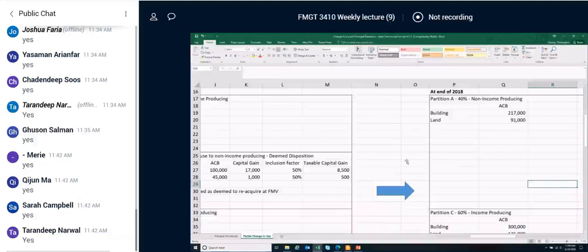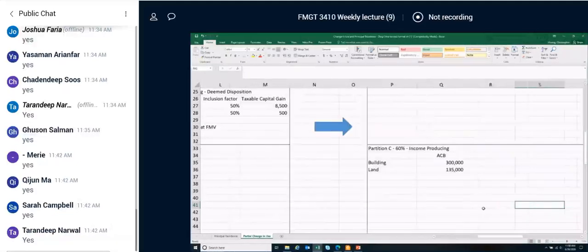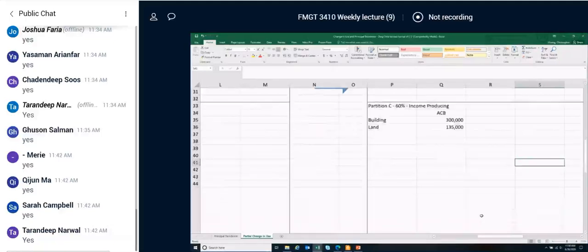It doesn't matter what the layout is, which rooms or whatever. You have to combine your non-income and your income producing pieces. So when you are recalculating your attributes, you need to just show there are two properties.